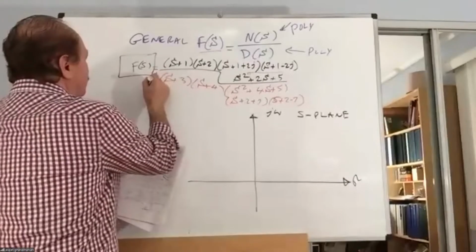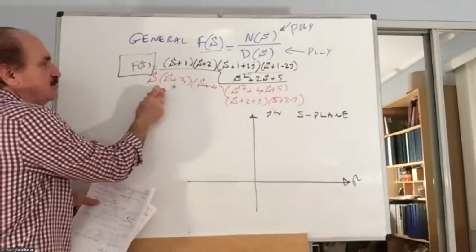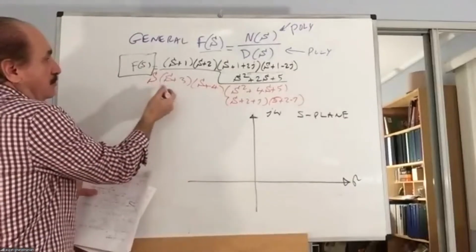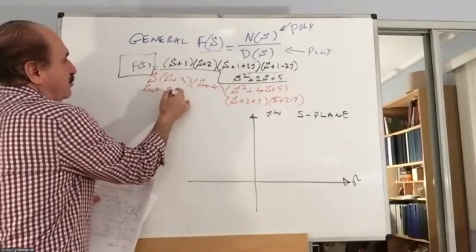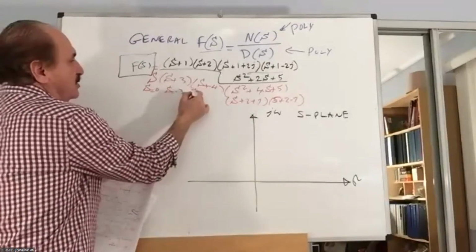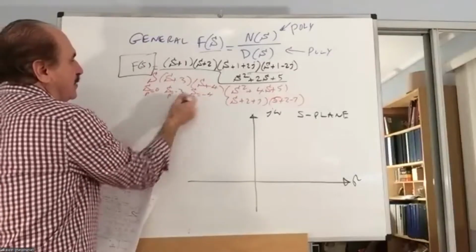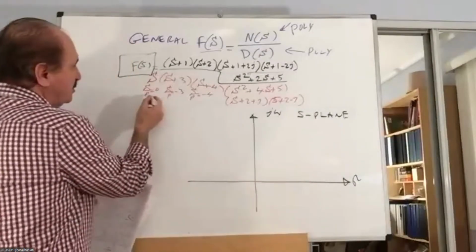Here, s. So what is the pole corresponding to s? Put s equal to 0. So s equal to 0 is a pole. s equal to -3 is a pole. s equal to -4 is a pole. They call it SP, SP1, SP2, etc. So here is the presentation. SP equal to 0.